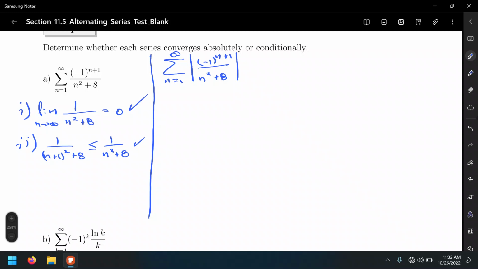That's going to output a bunch of -1s and +1s. But since we are taking the absolute value, what's going to happen to those negatives? They're going to become positive, right? So by taking the absolute value bars, that cancels out the alternating factor, and this is equal to sigma n equals 1 to infinity, and without absolute value bars, just write 1 over n squared plus 8.